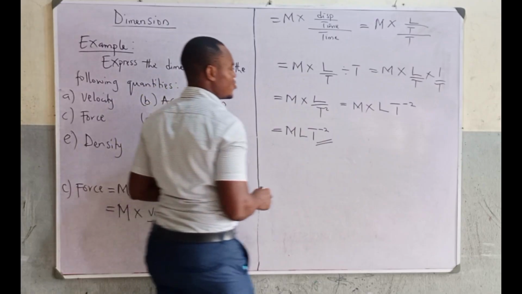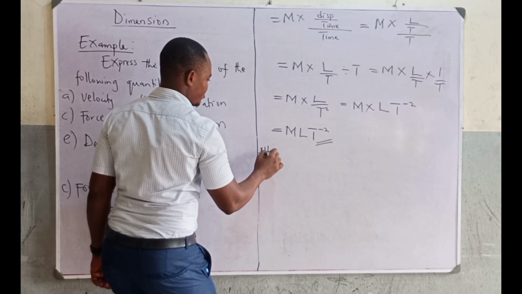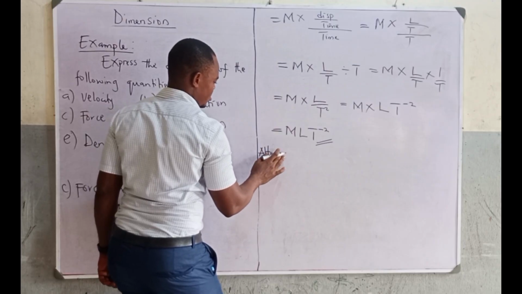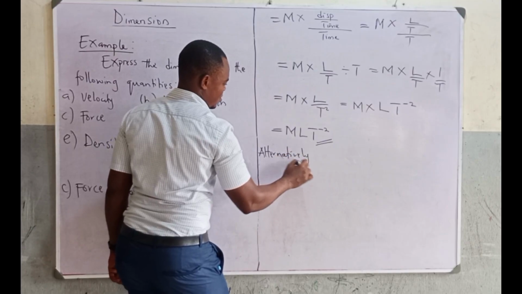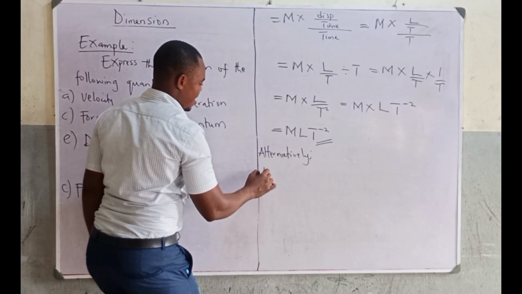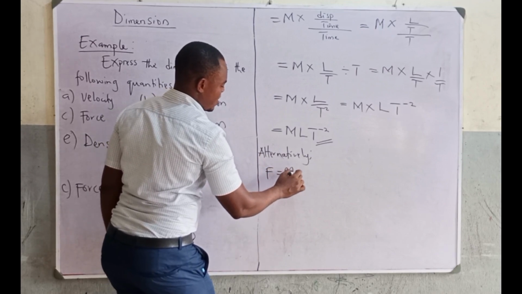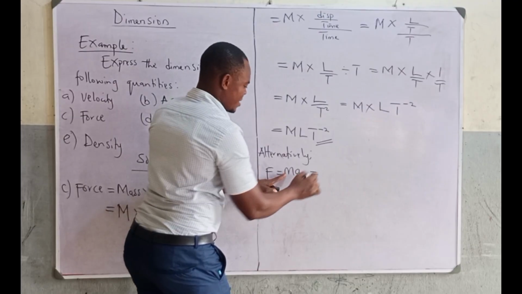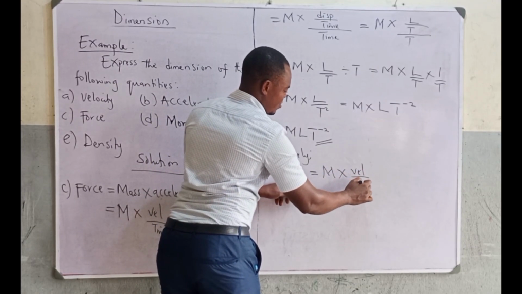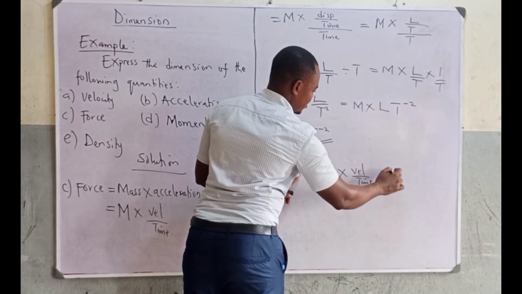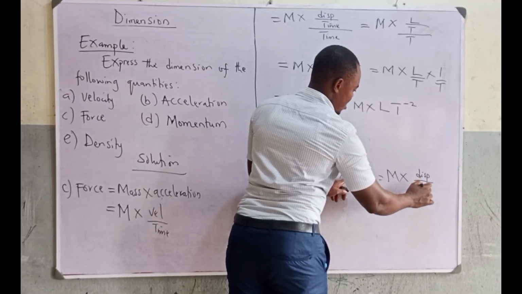Now, there is another way to do it from here. Alternatively, we have force equals mass times acceleration, which equals mass, capital M, times acceleration, velocity over time, which equals mass times velocity, displacement over time.